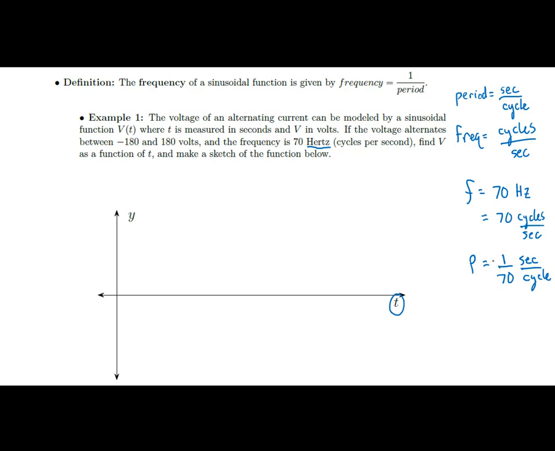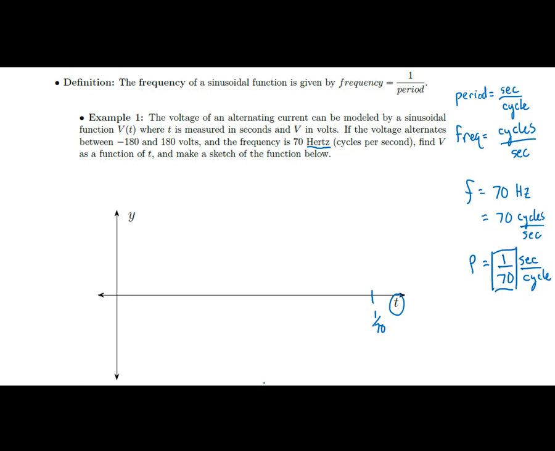So that tells me how long it's going to take in order for me to complete one full cycle. So let's go ahead and mark right here, 1/70th of a second.